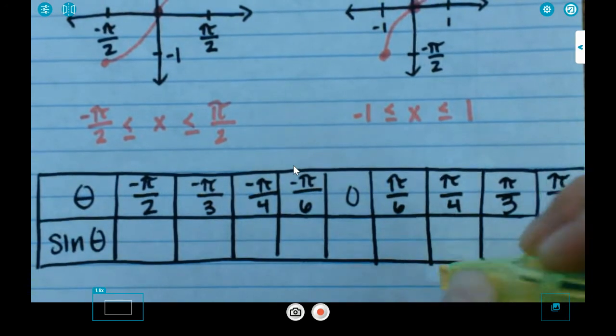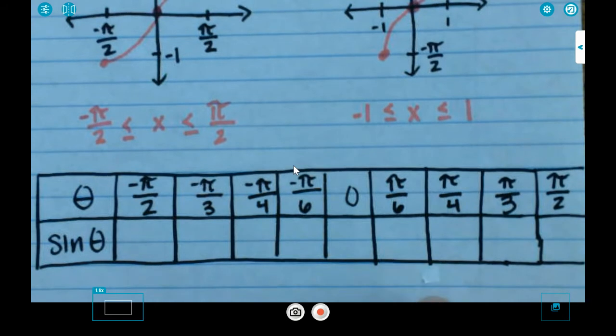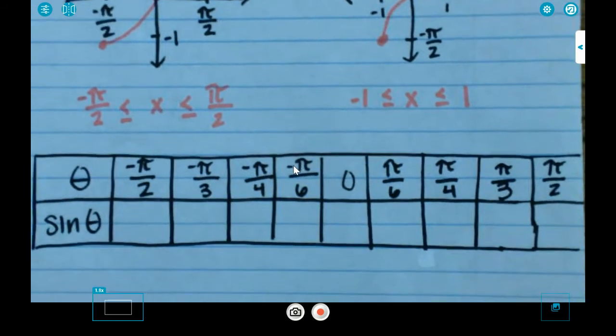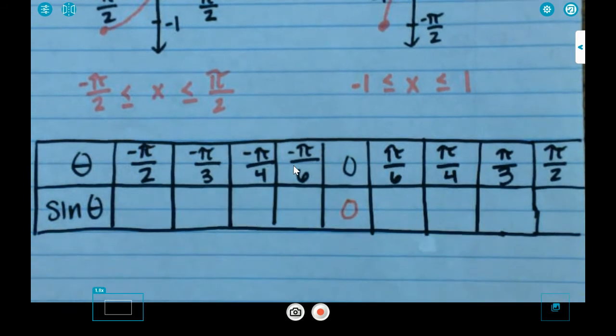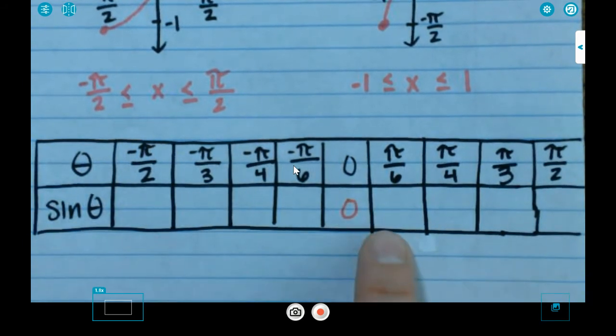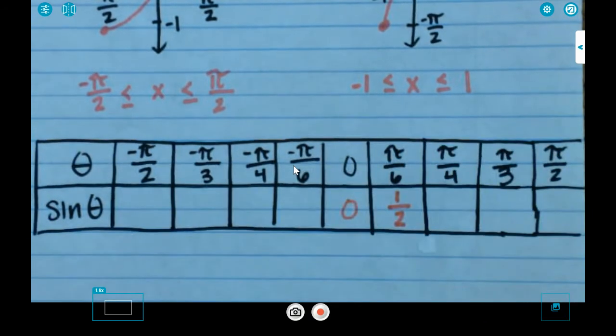Okay, we know these values from when we are evaluating things on the unit circle. It's those same values. So sine of 0 is still 0. And then sine of 30 degrees or sine of pi over 6 is 1/2. Sine of pi over 4 is square root of 2 over 2.